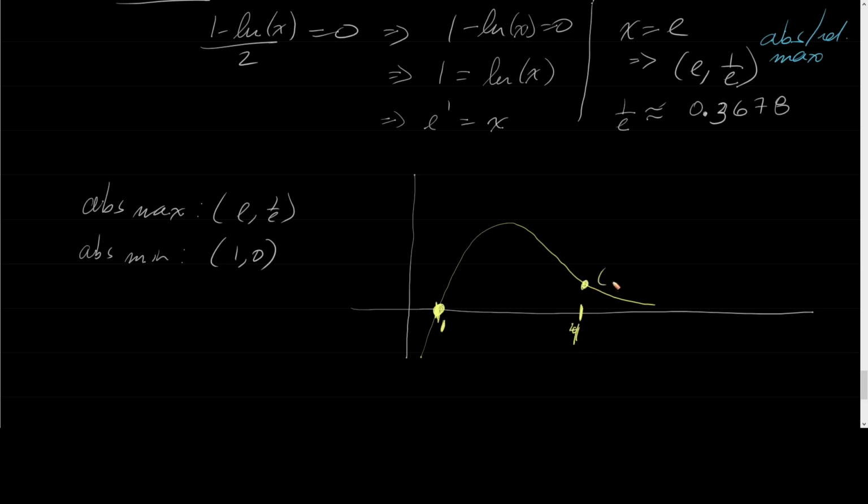This point is at 4 comma ln of 4 over 4. This point right here is at e comma 1 over e. The x value is e, so e comma 1 over e.